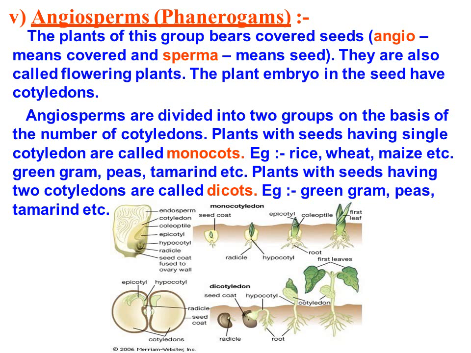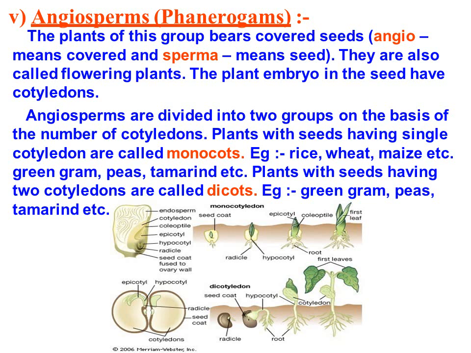So angiosperms are divided again into two groups on the basis of the number of cotyledons. Cotyledons means seeds. Okay, so plants with seeds having single cotyledon are called monocots. That means they have single cot. Mono means one, cot means seed.